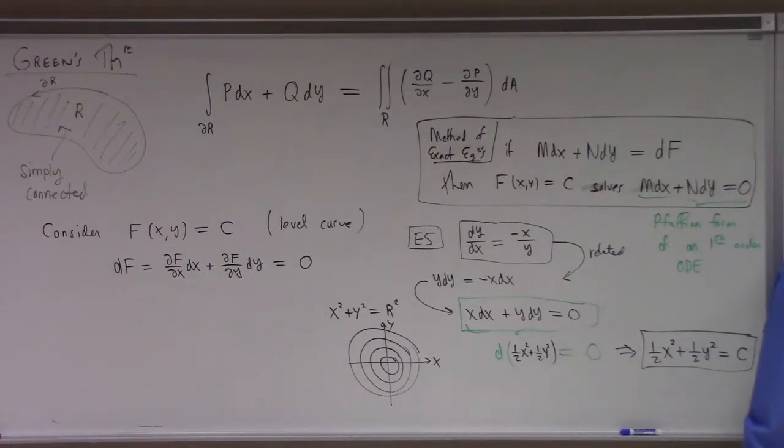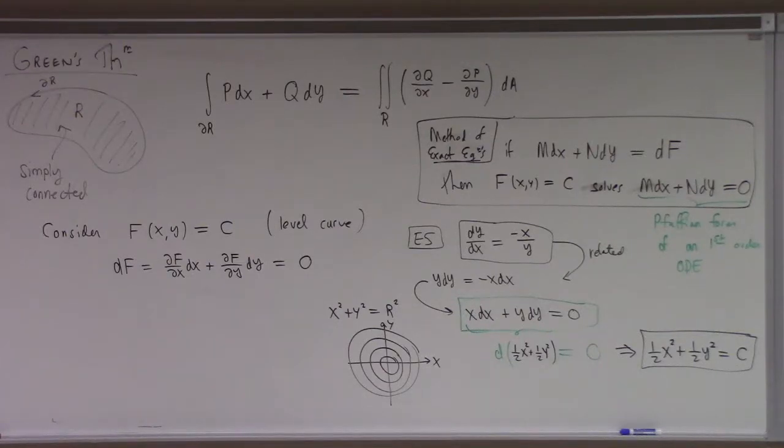So the question is, given m dx plus n dy equals 0, when can we see m dx plus n dy equals df for some f?